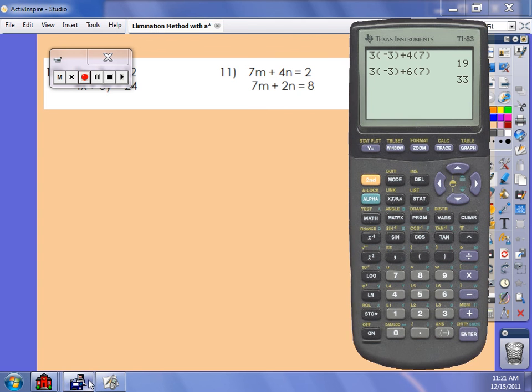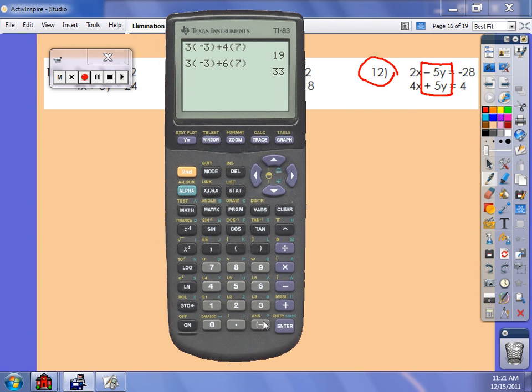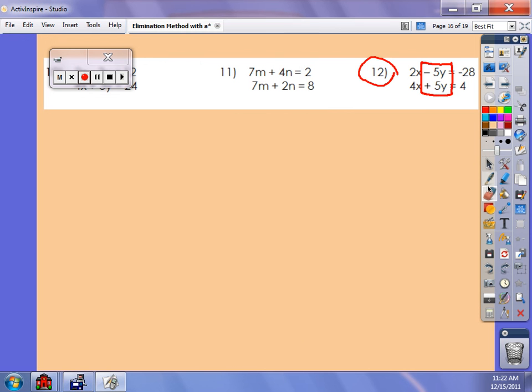Watch. If I do negative 5 plus 5, I get 0, right? That's the point. But if I did negative 5 minus 5, I get negative 10. That's not what I want. I want them to go away. So if they're opposites, then you know that you are going to add. Opposites add.